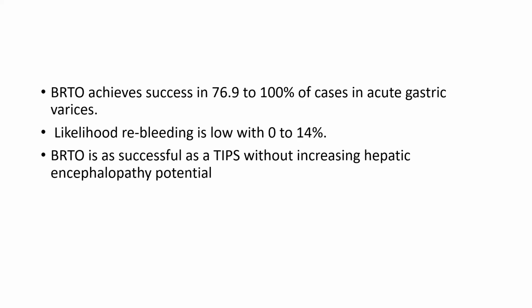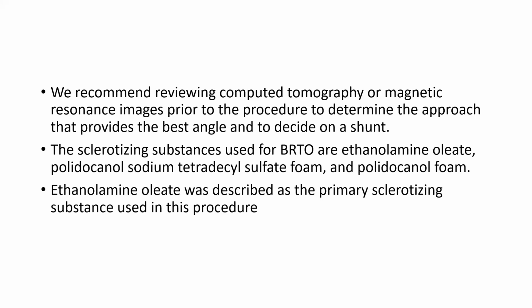BRTO is as successful as TIPS without increasing hepatic encephalopathy potential. We recommend reviewing computed tomography or magnetic resonance imaging prior to the procedure to determine the approach that provides the best angle and to decide on the shunt.